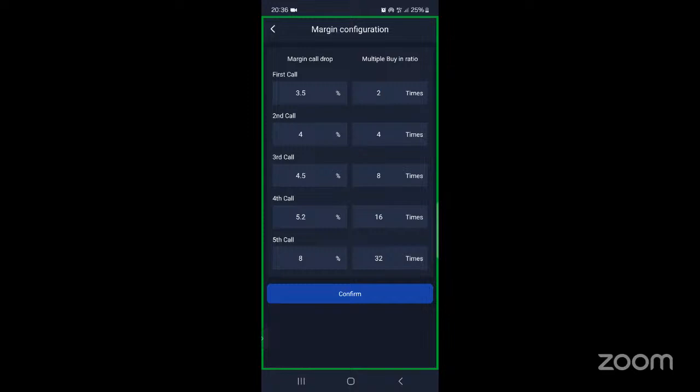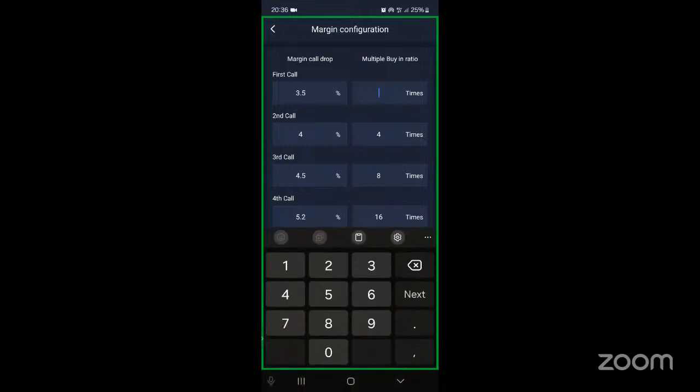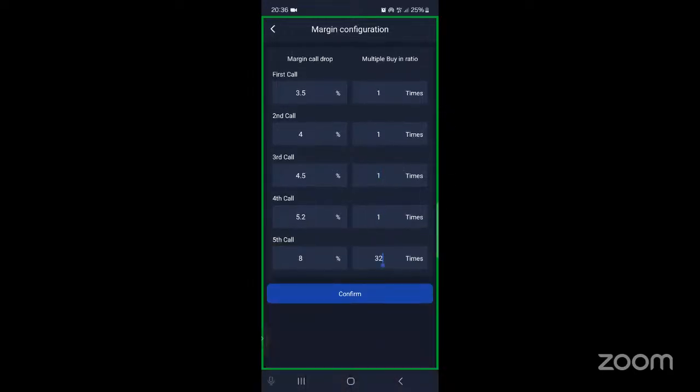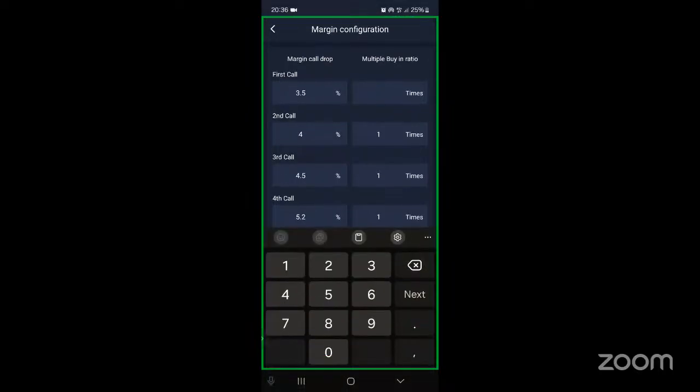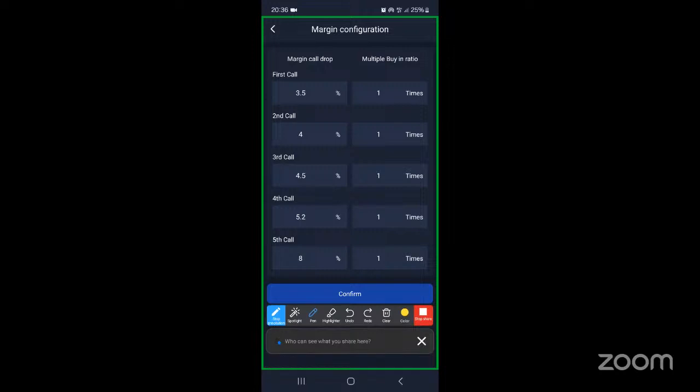It keeps doubling. But there is another one where you say 1, 1, 1, 1, 1. What does this one do? The price is reducing on the percentage. However, you are not adding extra money.